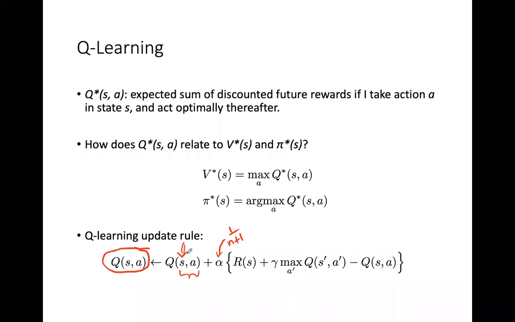How do we get alpha here? So 1 over n plus 1 is certainly one choice, right? But more generally, alpha behaves like a learning rate parameter. So in practice, people just set this the same way you would set a learning rate. The idea being that if I set this to a large number, then I learn quickly, which in this context means older samples quickly get overtaken by new samples.